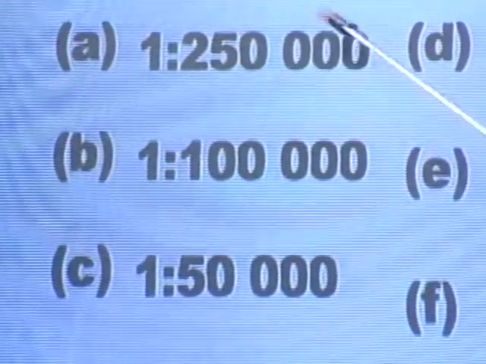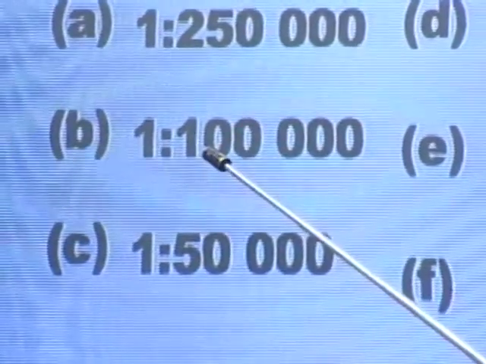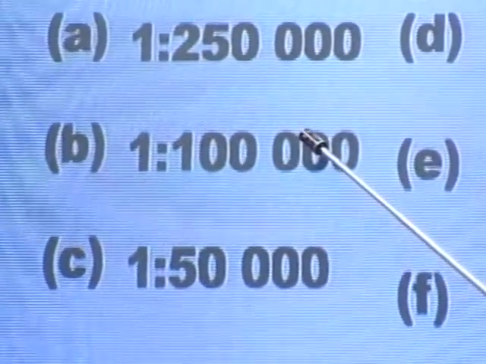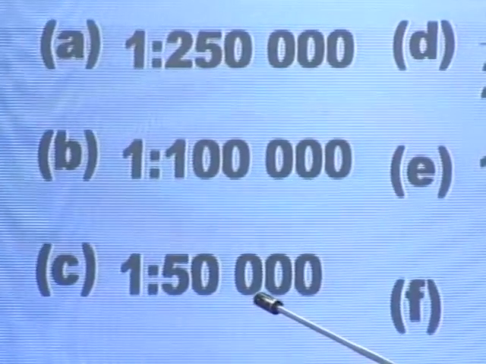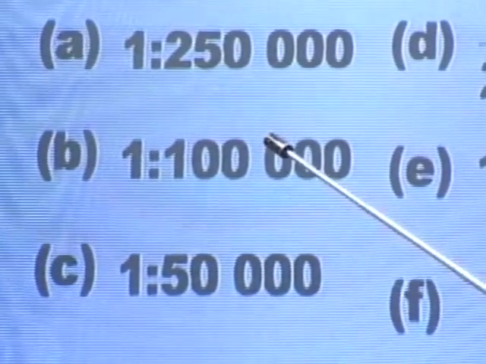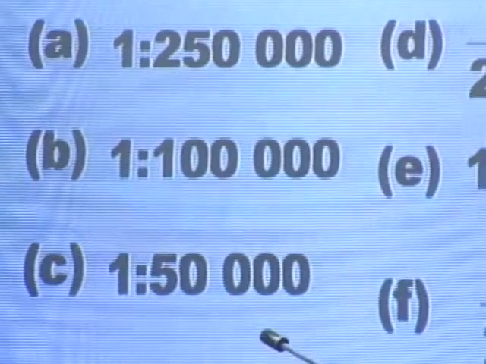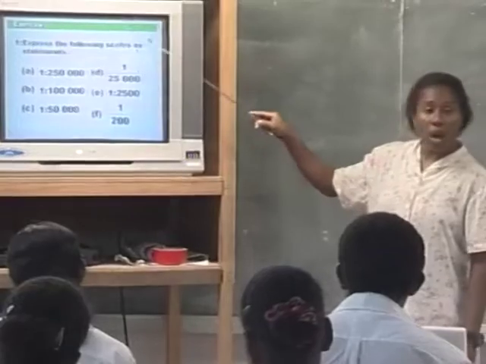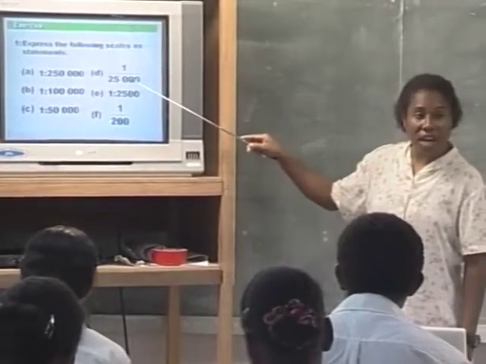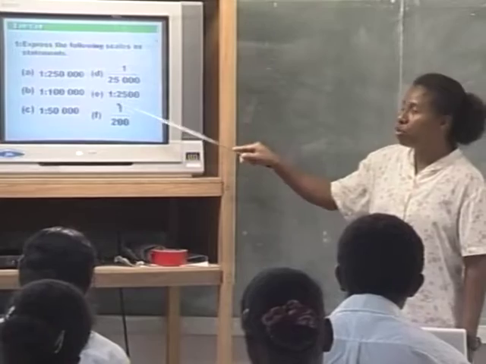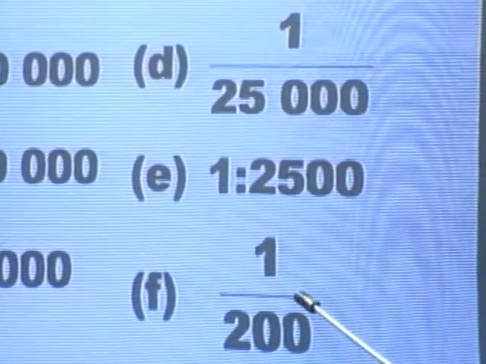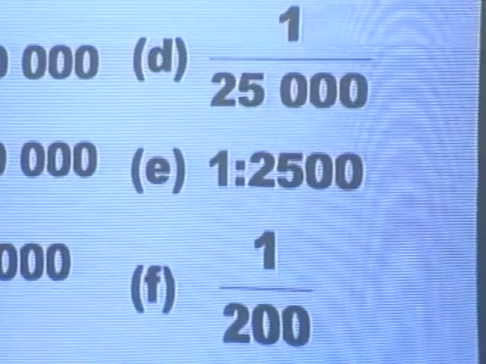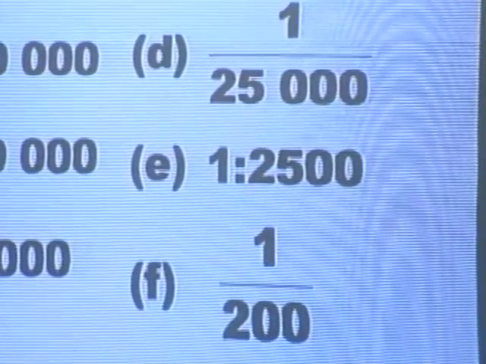The second answer given was 1:100,000, no units given. The third one, 1:50,000. Similarly, 1:25,000, 1:2,500, and 1:200. We did that correction last week, no problems with that.